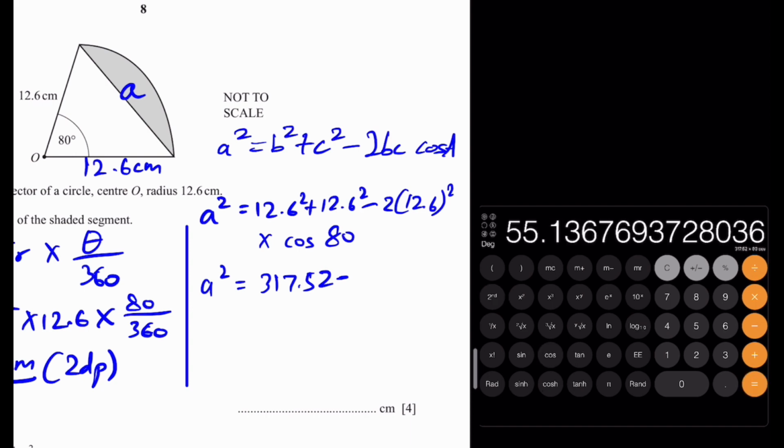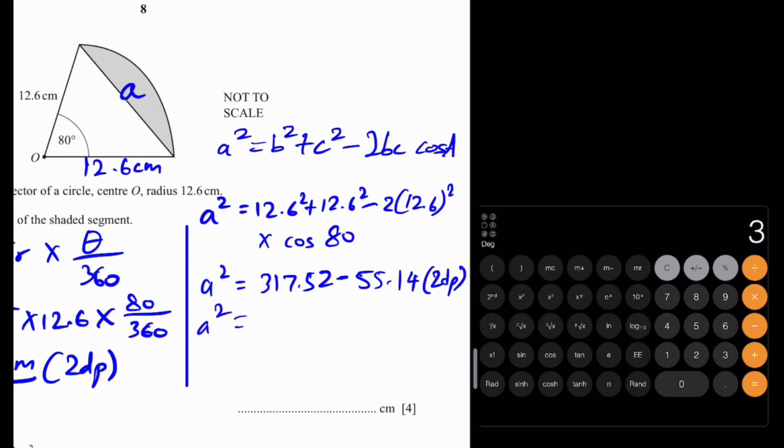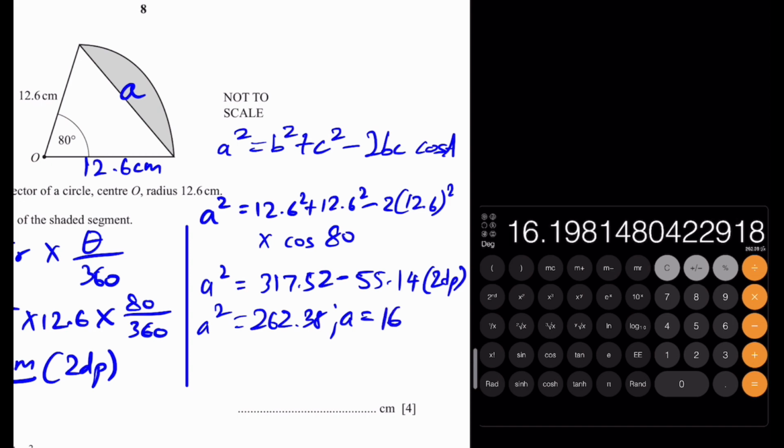That will be 55.14 to two decimal places. A squared will be equal to 317.52 minus 55.14, which is 262.38. That means A will be root of 262.38, which is 16.2 centimeters to one decimal place.